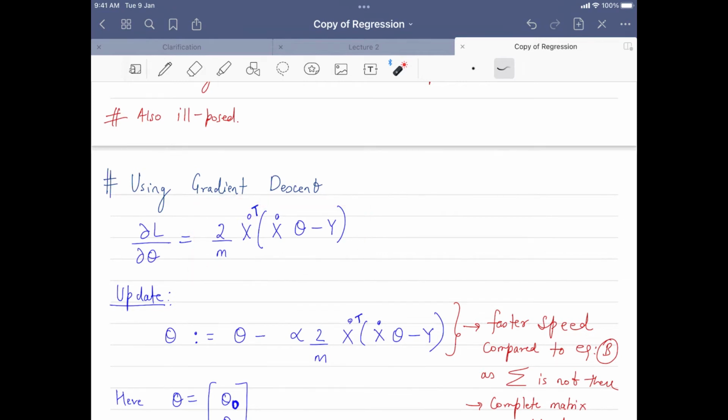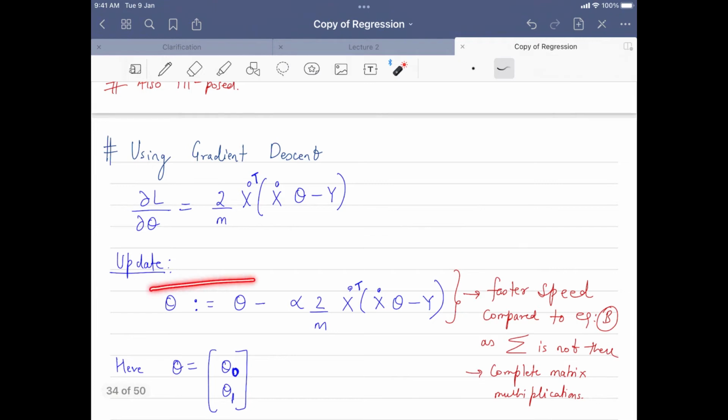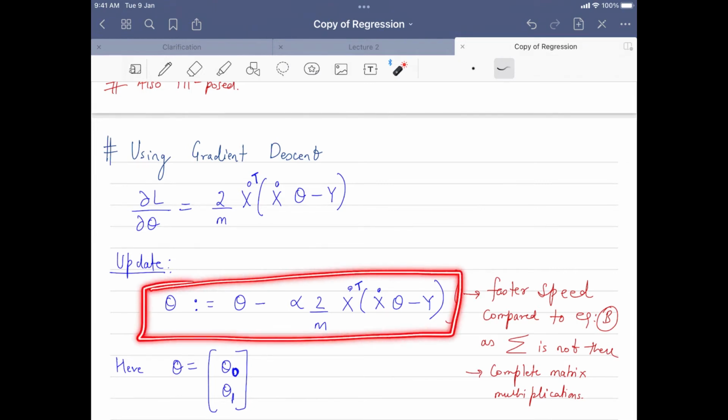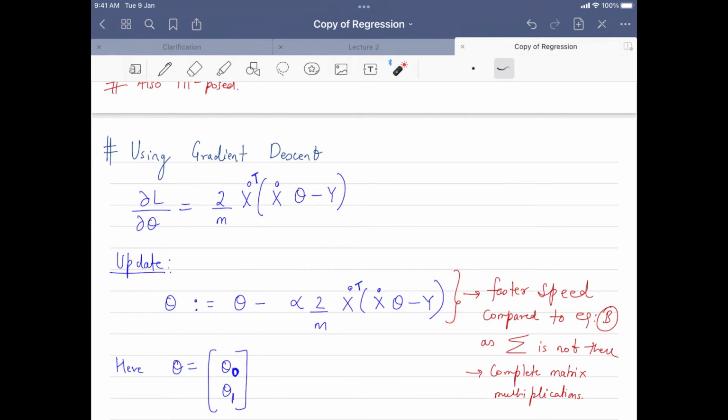And then you can use this as the update equation for your gradient descent, because gradient descent is nothing but the new value as the old value minus the derivative of the loss with respect to the old value. This is the same thing, but now this is the derivative which we are taking over here.